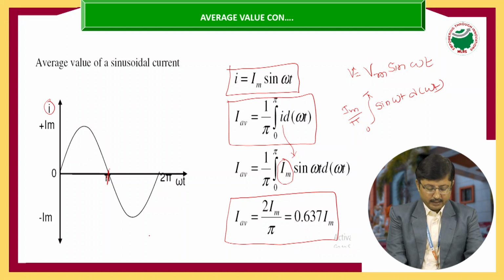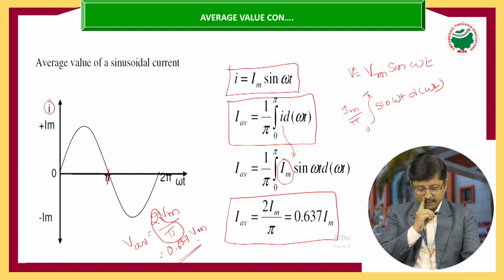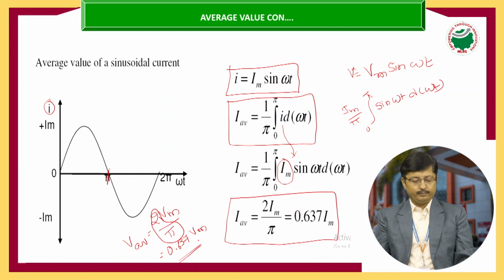Similarly for V average, it is the same thing, 2 Vm by pi, where 2 by pi is nothing but 0.637 times Vm, the maximum value. So this is the average value of a sinusoidal current.